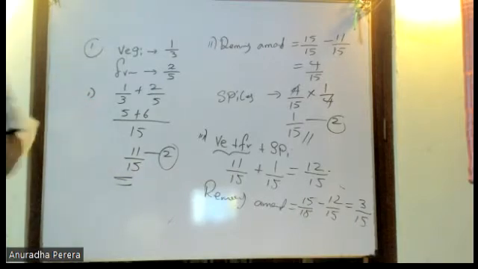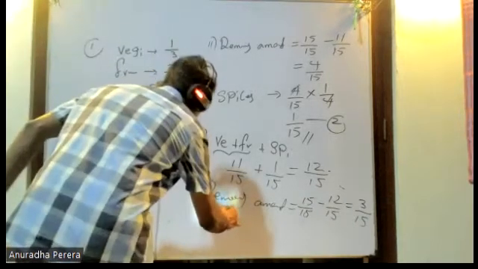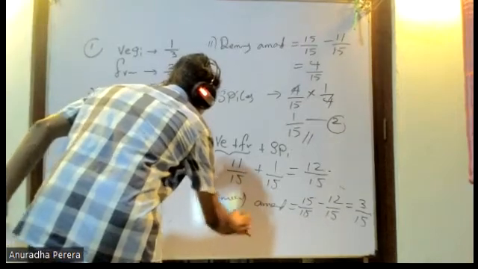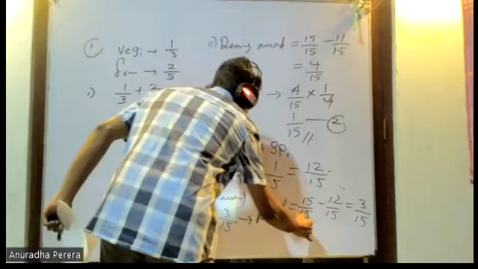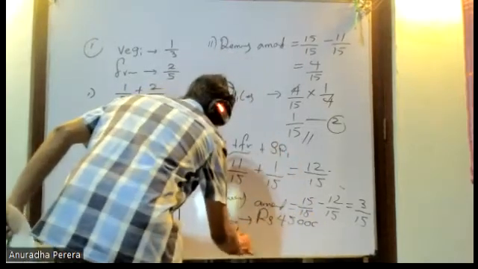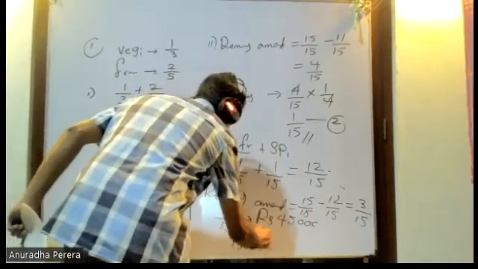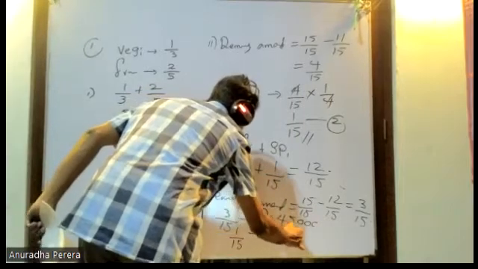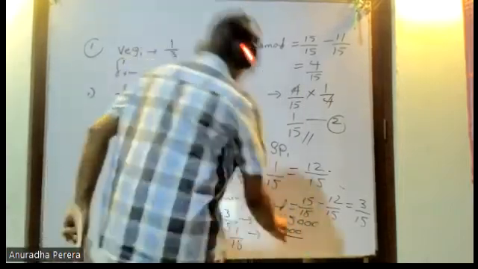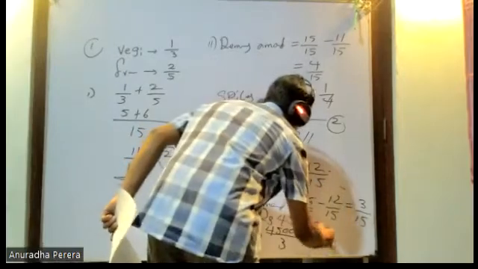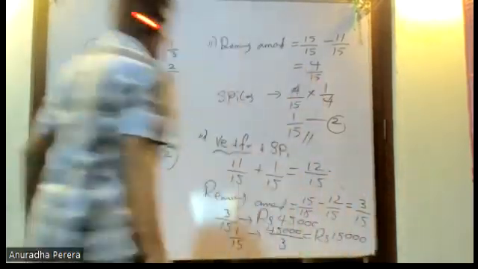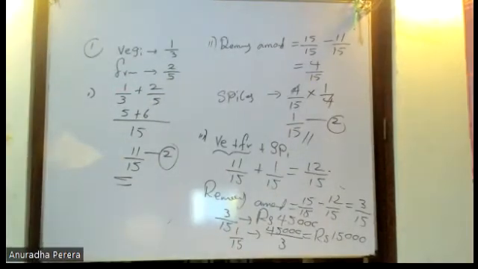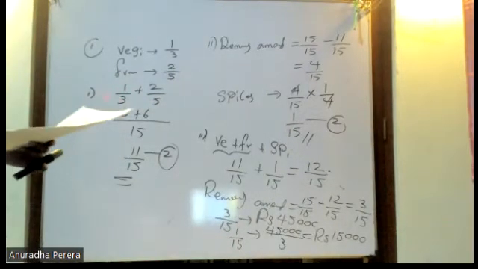If 3/15 equals 45,000, then 1/15 equals 45,000 over 3, which is 15,000. We need the total amount.